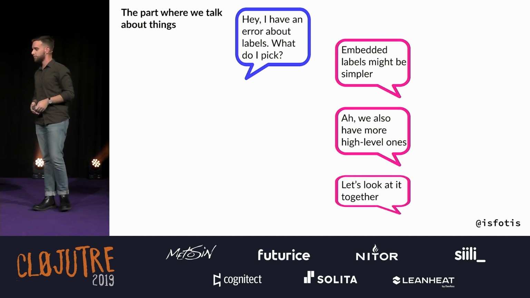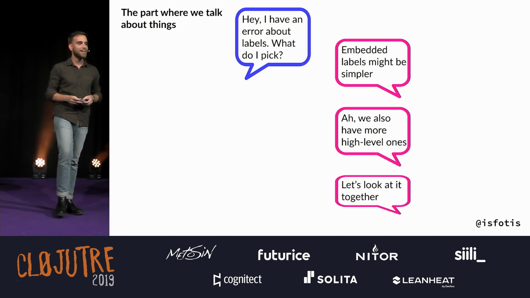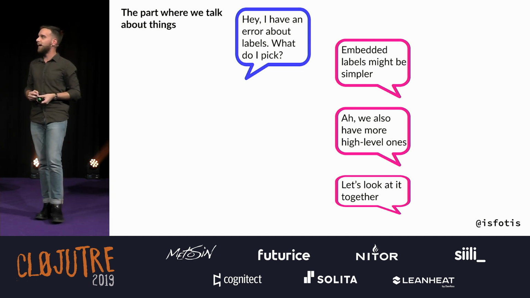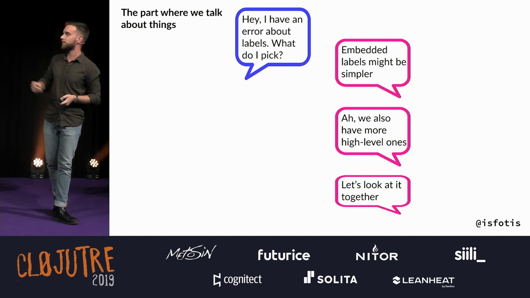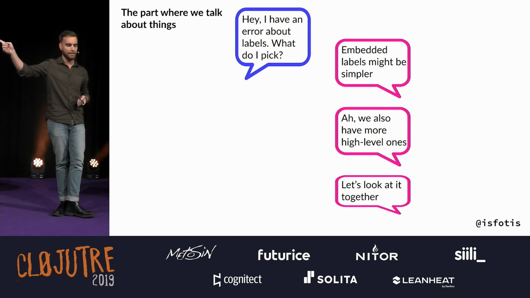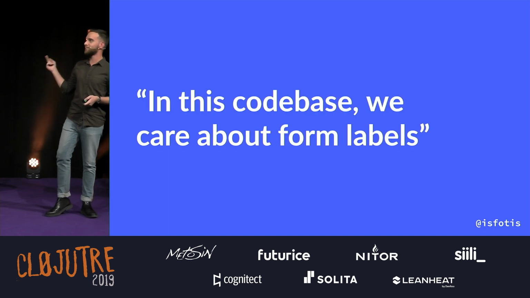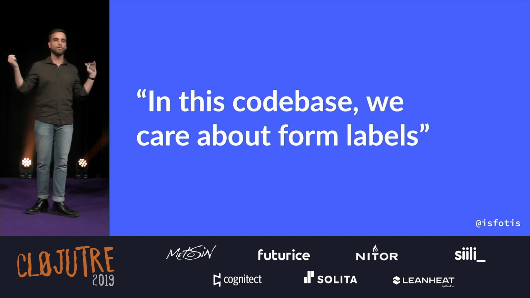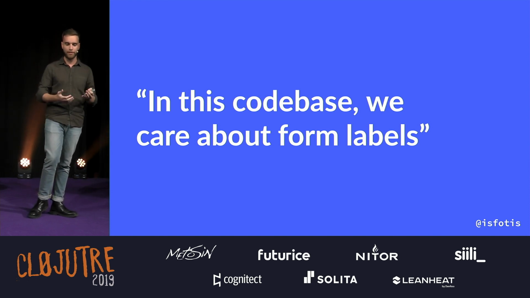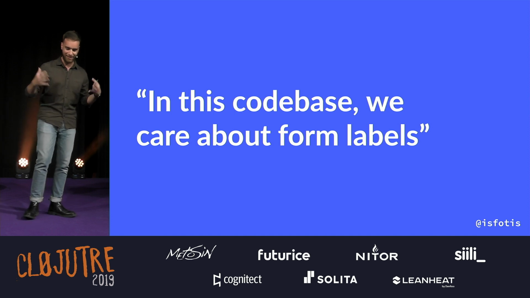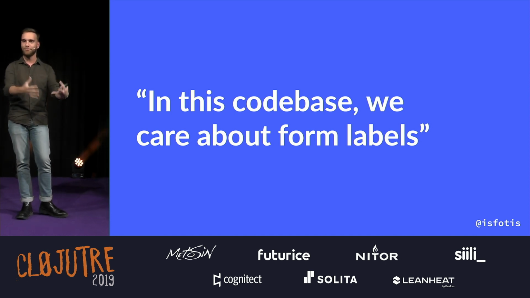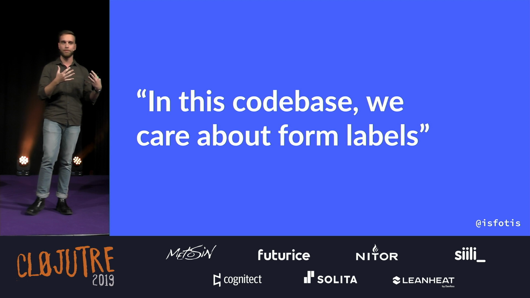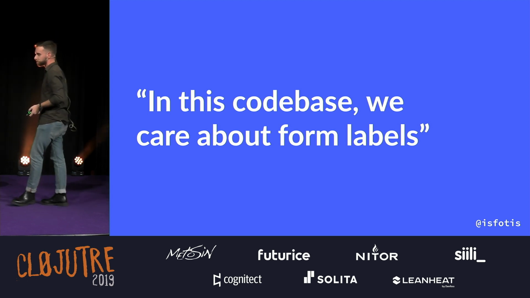And in any case, we're human beings, let's look at it together. And I can't stress to you how important I think this is. Just this idea that says that we care about these labels in this code base, and it's perfectly fine not to know how to do it or what its role is. In our code, leaving the code base, you've left behind something important about the people who will use it.